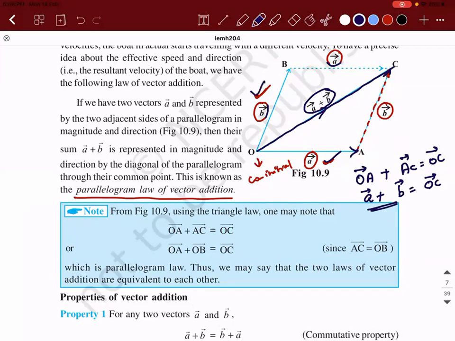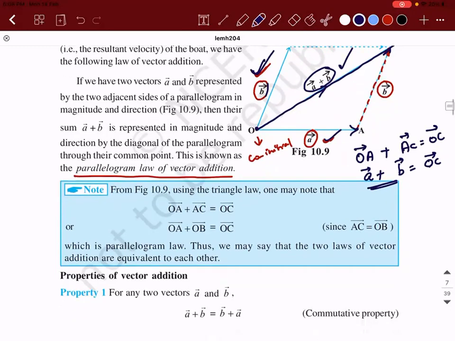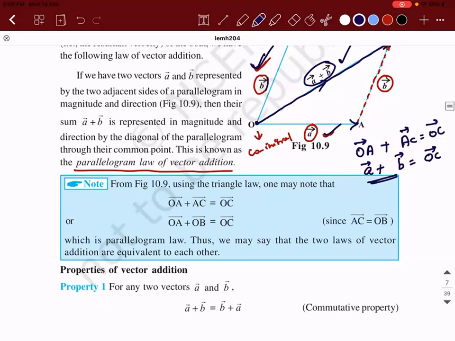So when there are two coinitial vectors and you want to find the resultant, meaning sum, when you want to find the resultant of these two vectors in terms of magnitude and direction, it is given by the diagonal that is passing through the common point of these two vectors, which is A vector plus B vector.